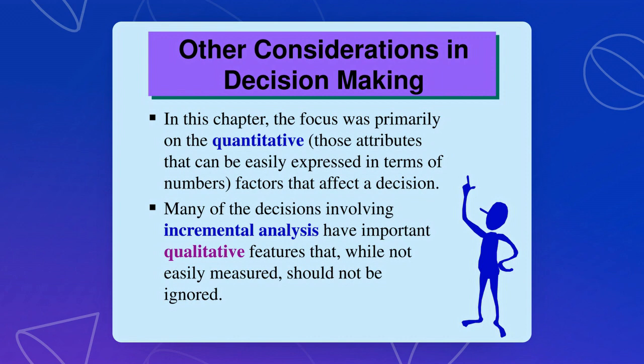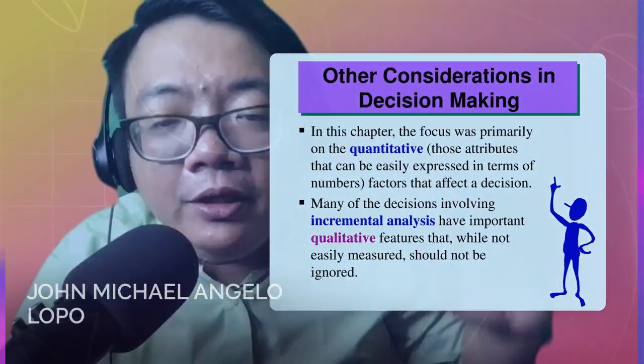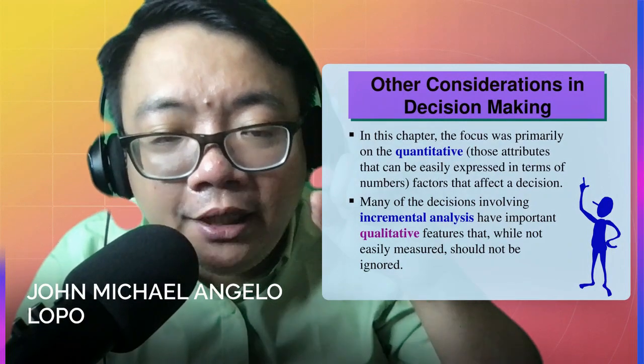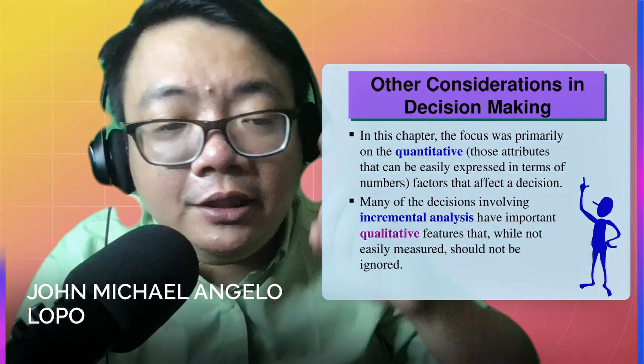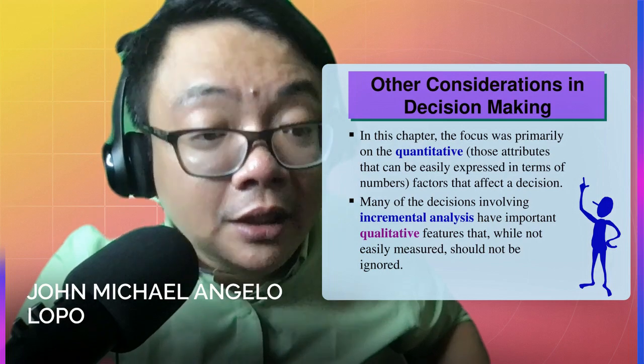Many of the decisions involving incremental analysis also have important qualitative information. While not easily measured, it should not be ignored. Meaning to say, class, very important are your financial, your quantitative, and at the same time your qualitative factors.